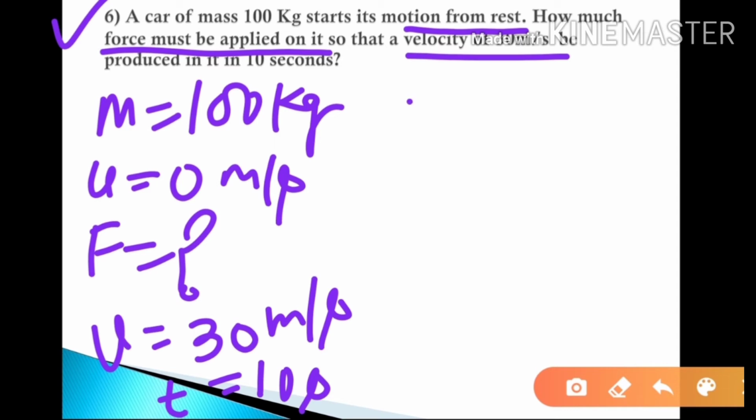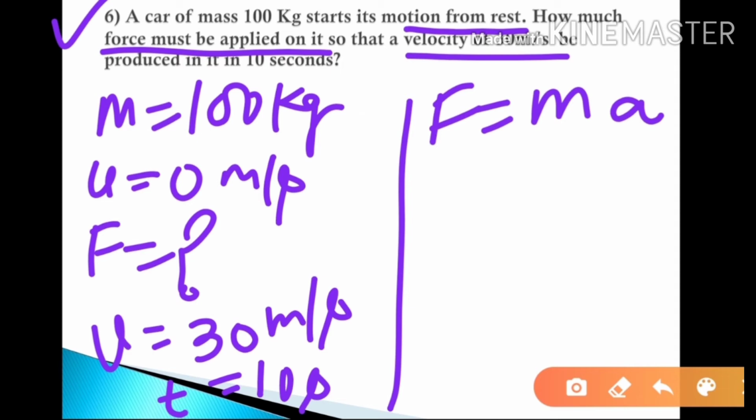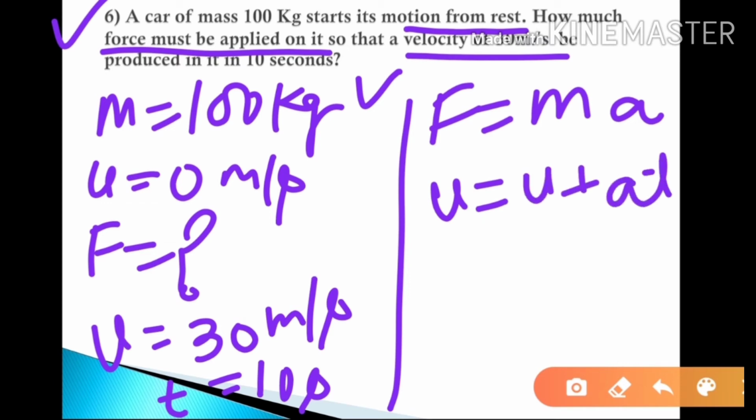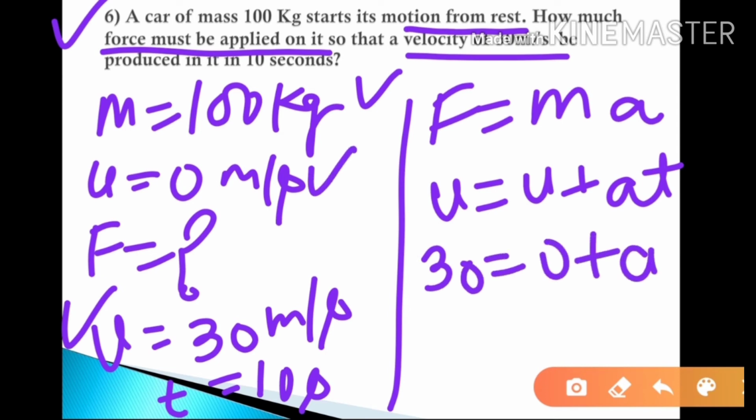So students, in this question we have to calculate the force, and the force is equals to mass into acceleration. Mass is 100 kilogram, but we don't know anything about the acceleration. So for calculating acceleration, we will use first equation of motion, that is v is equals to u plus at. Okay, v is 30 meter per second, initial velocity is 0, acceleration we have to calculate, and time is 10.